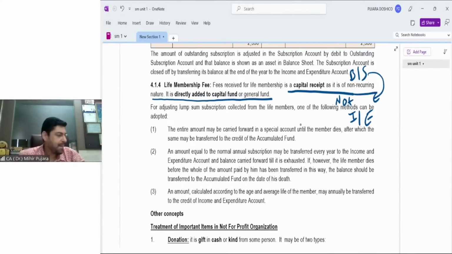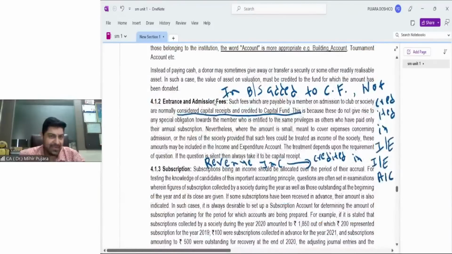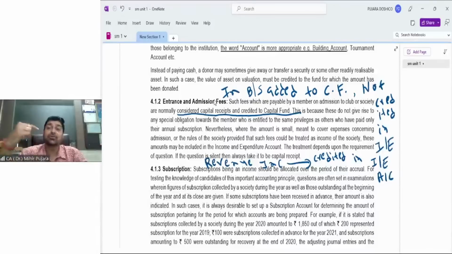Now, friend, before going further, in entrance fee, sometimes it is deliberately instructed in the question. Okay, the management decided 50 percent capital, 50 percent revenue.